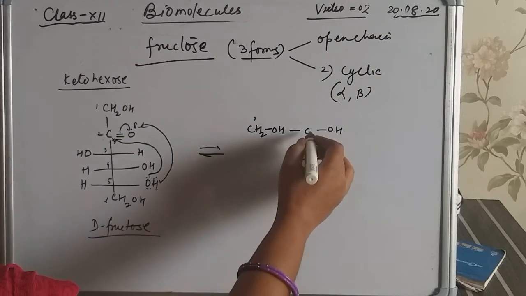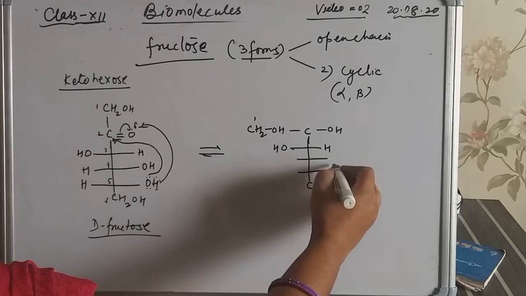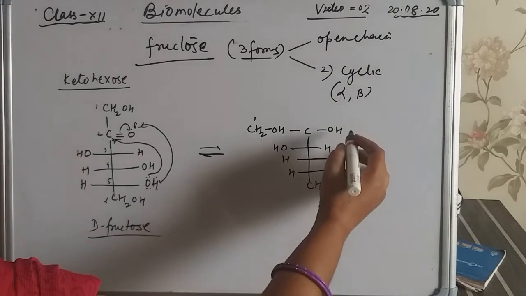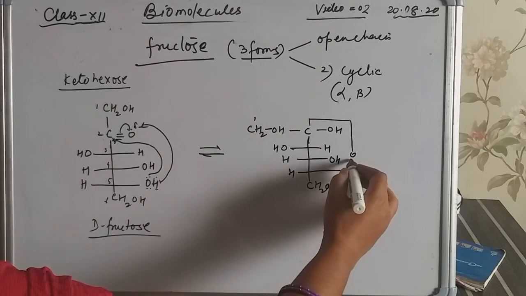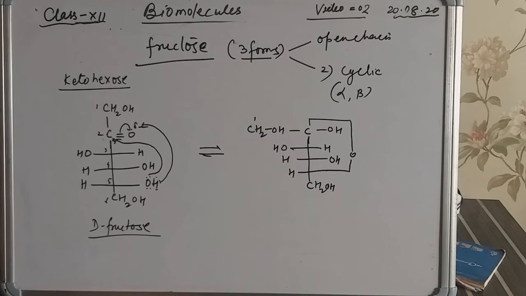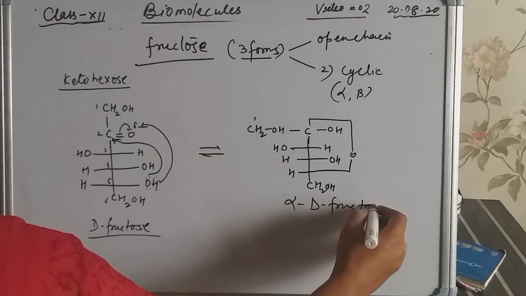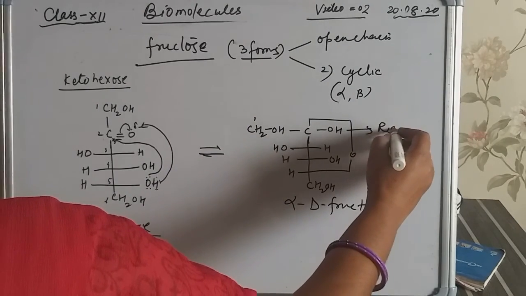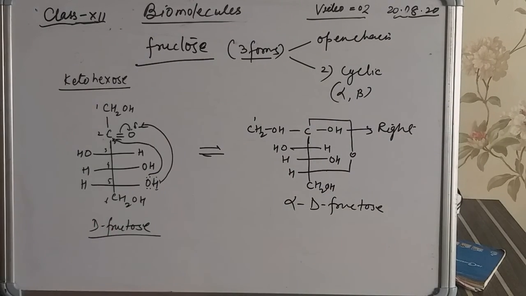So OH group here, OH, H, OH, H, H, and the bond forms through O between this and this. So this is called the alpha D fructose, because the OH group is on the right side.